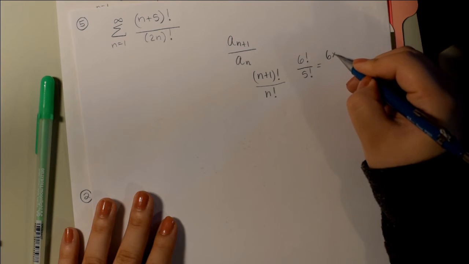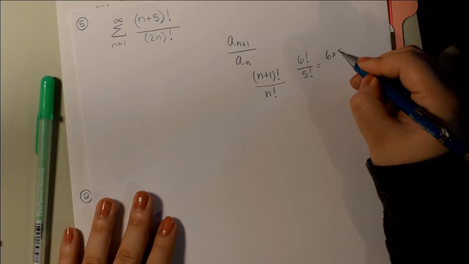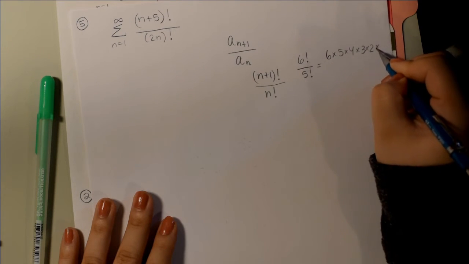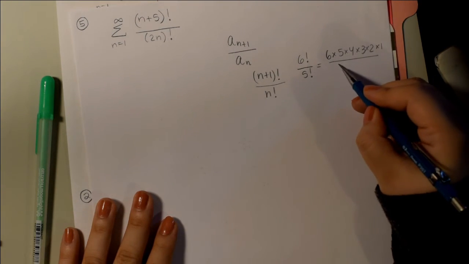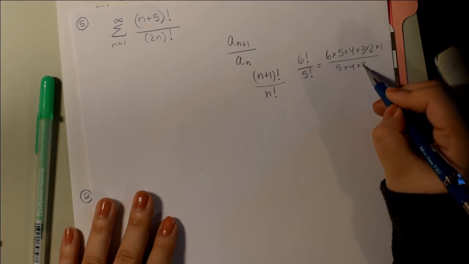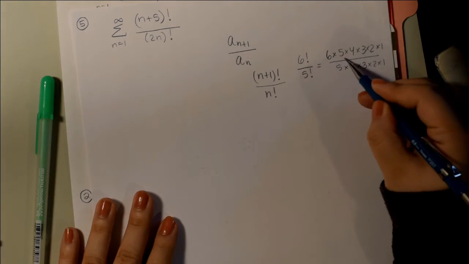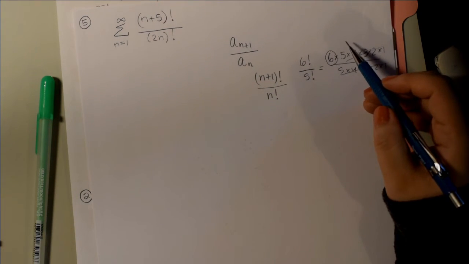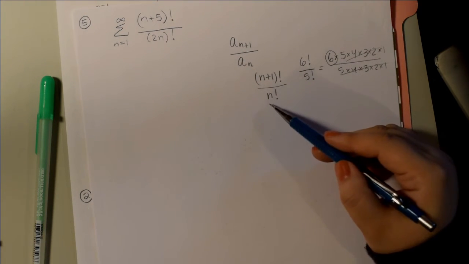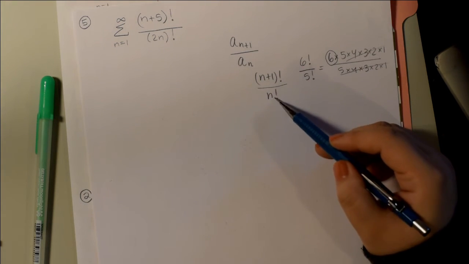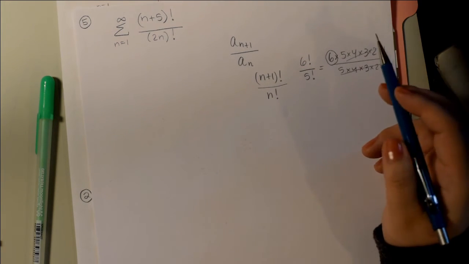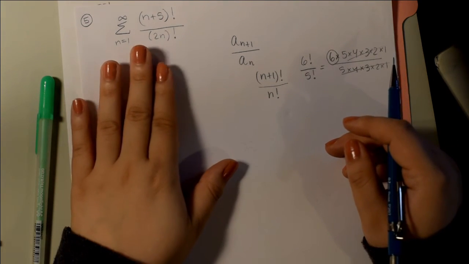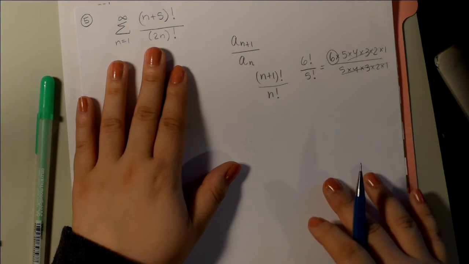If you were to write out the factorial here, 6 times 5 times 4 times 3 times 2 times 1 over then 5 times 4 times 3 times 2 times 1, it all cancels except the 6. So when you divide factorials that are kind of in a sequence like that, a lot of stuff cancels out. So you can kind of use this thinking when you set up this ratio.